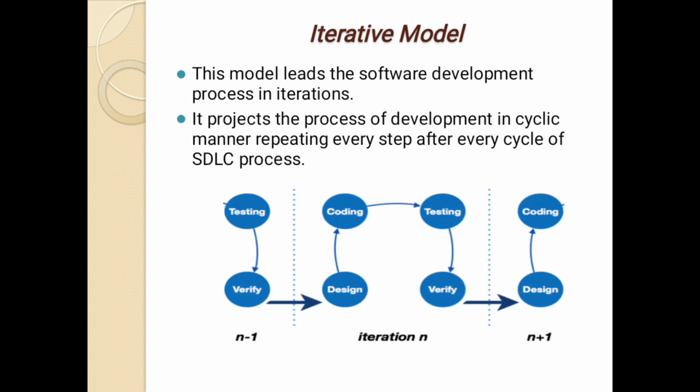Next is the iterative model. This iterative model leads the software development process in iteration. It projects the process of development in a cyclic manner, repeating every step after every cycle of SDLC is processed.